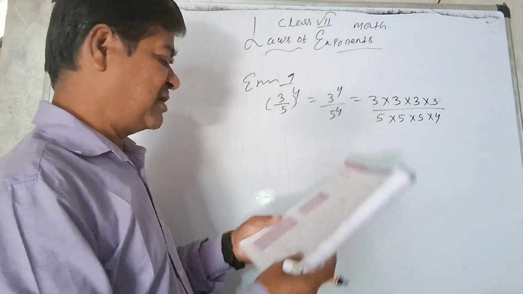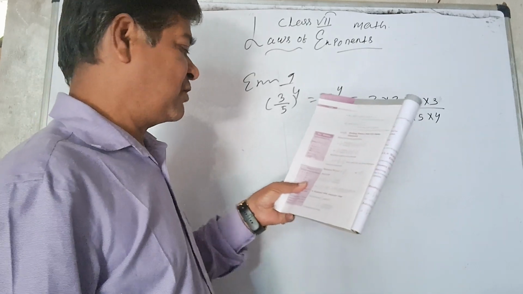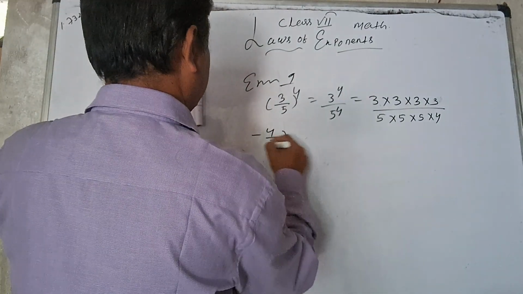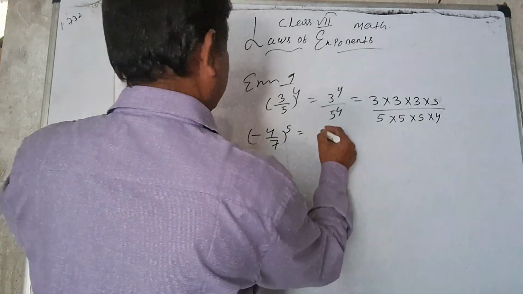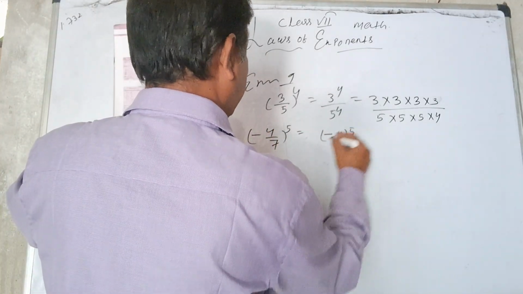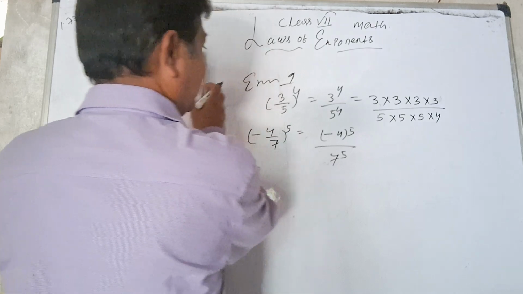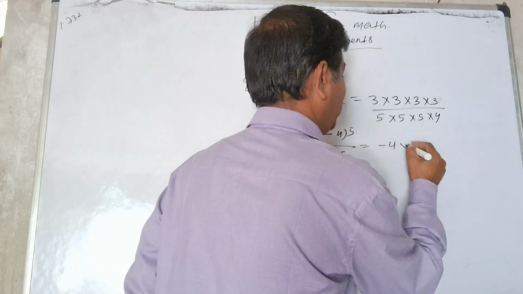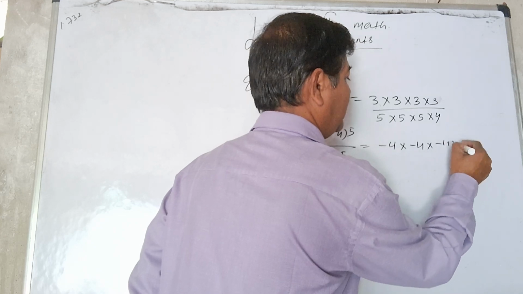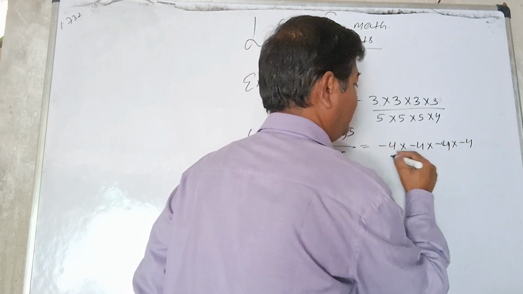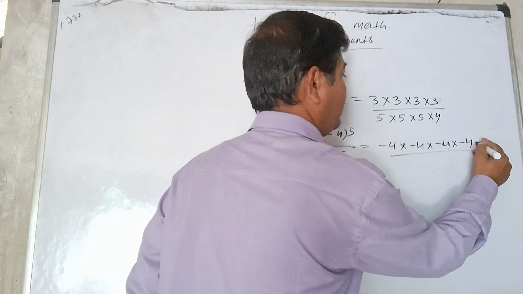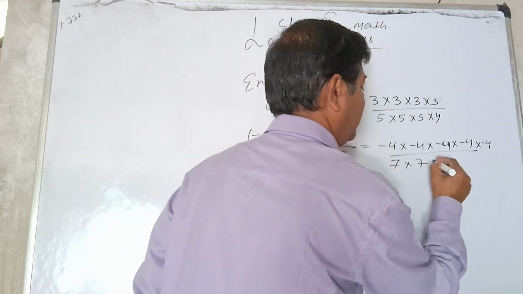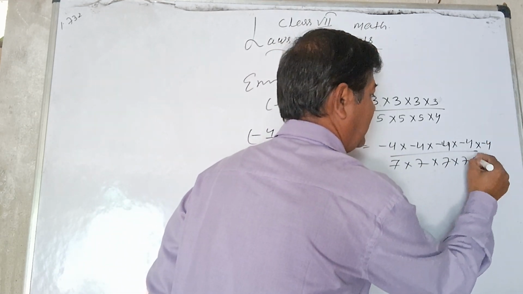Question for you in example 9. Expand similarly (minus 4 by 7) to the power 5. That equals minus 4 to the power 5 divided by 7 to the power 5. Write minus 4, 5 times: minus 4 into minus 4 into minus 4 into minus 4 into minus 4, divided by 7, 5 times: 7 into 7 into 7 into 7 into 7.